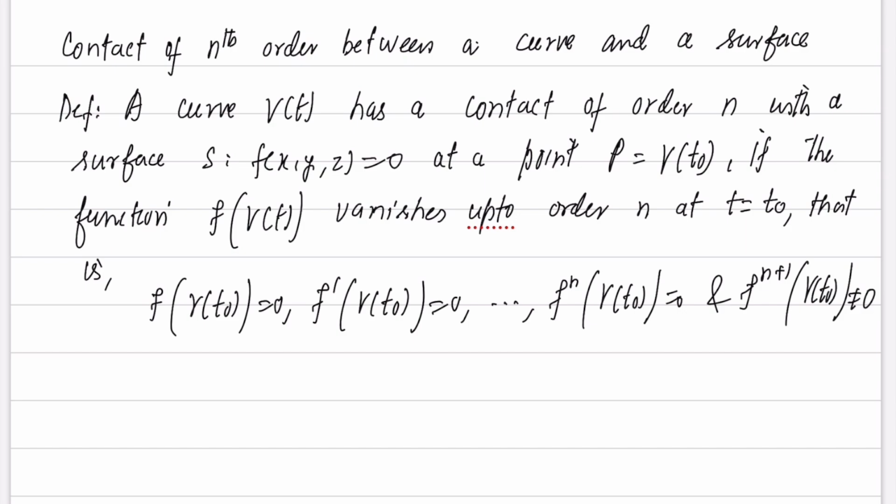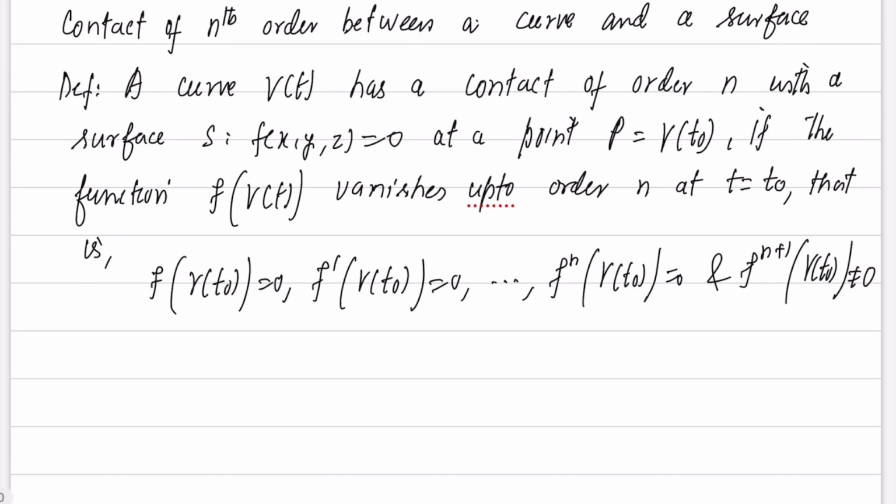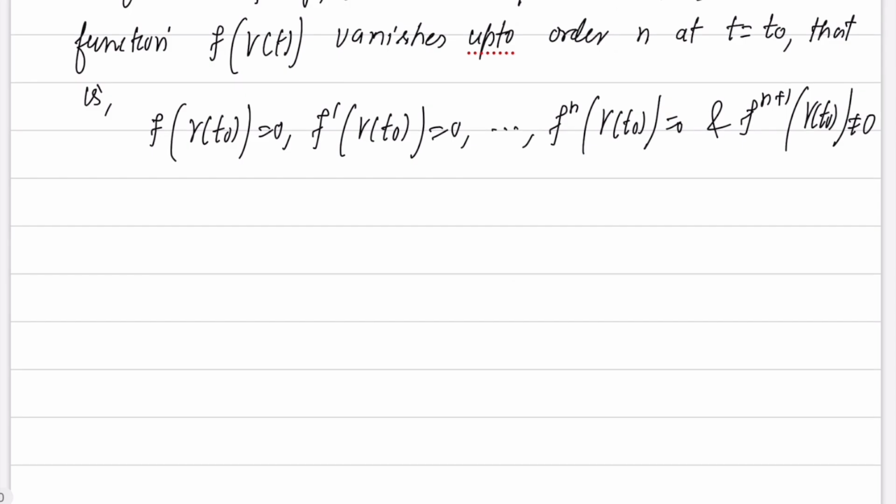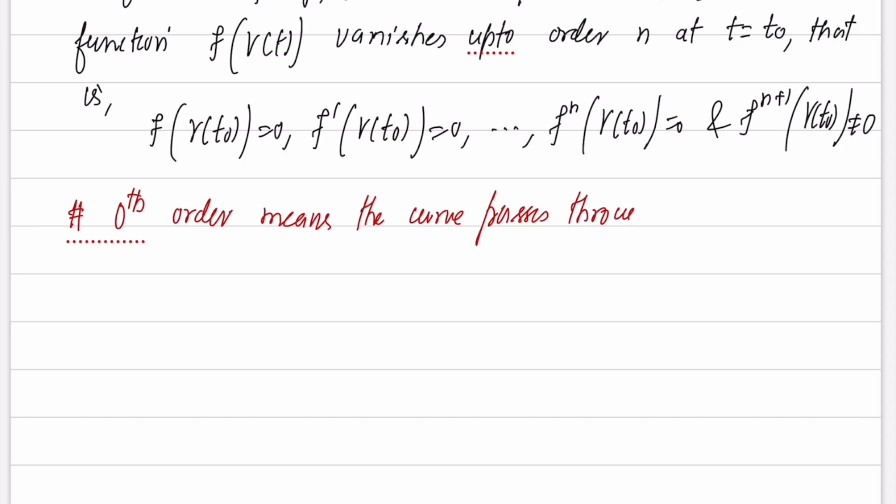This actually refers to how closely the curve coincides with the surface near that point. In other words, a contact of nth order means that the curve lies on the surface to order n but departs from it at order n plus 1. Now we will take up some basic intuitions, like what we mean by a curve having a contact of 0th order, first order, or second order. 0th order means the curve passes through the surface.